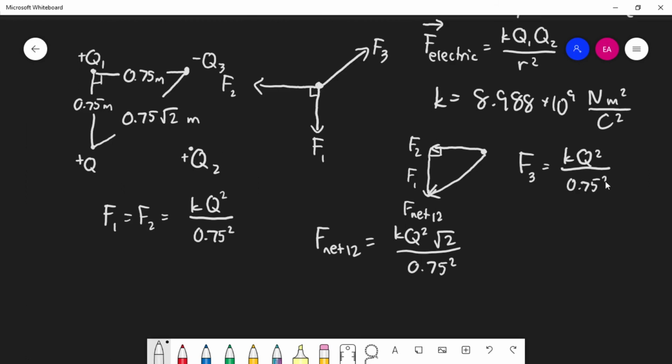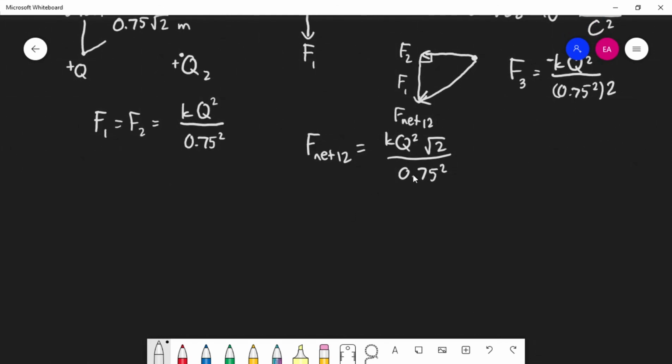Well, that just becomes 2 times 0.75 squared. Now we just need to add both of these. Take note that this is actually negative because it's an attractive force. And all attractive forces are negative in sign. So we just need to add both of these.